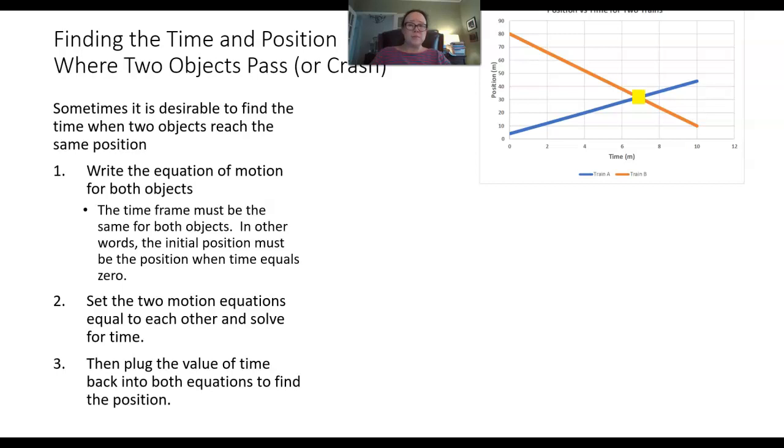That only becomes complicated if one of the objects may have a head start. But anyway, in this case they don't. And then we want to set the two equations equal to each other, and we want to solve for time. And then we will plug that value of time that we found back into both equations to find the position.